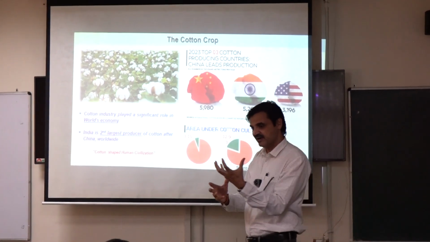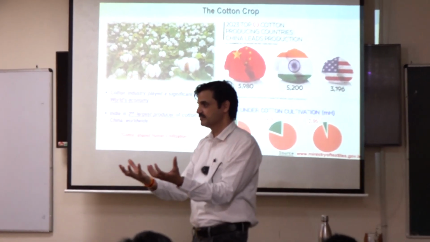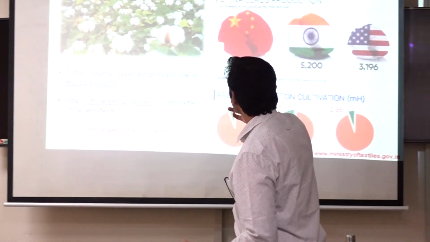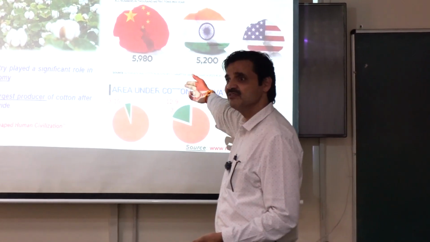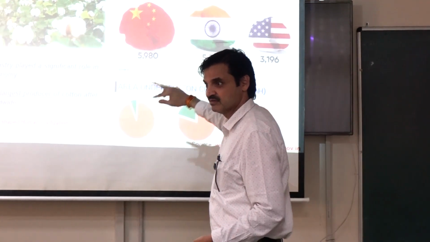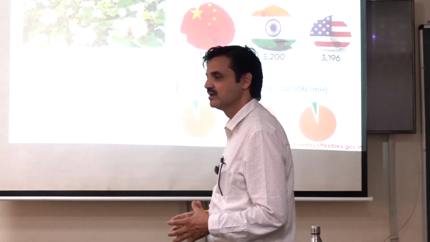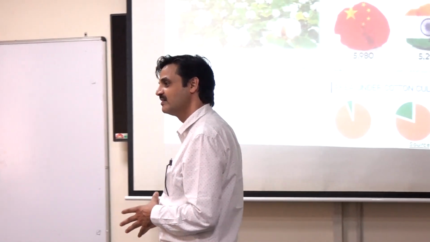If I compare area under cultivation versus production, where should we have been? Four times this. If we have 6,000, we should be at 24,000, because 3 goes to 12. So more land is under cultivation, which means we are struggling, right? We have land, it's not that we don't have land, but we are having less production. If we had that statistic I just projected, we would be number 1 in the world.